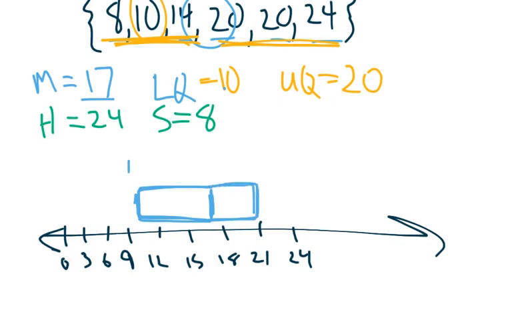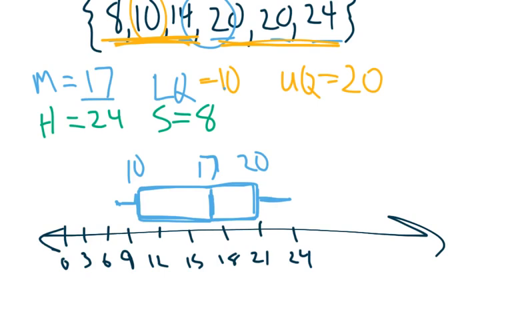And if you want to, you can label them, so that way it's more clear for whoever is reading this, especially if your scale down here doesn't match up with that. And then my low point is 8, which would be right about here. My high point is 24, which is right there. And there, I made a box and whisker plot.